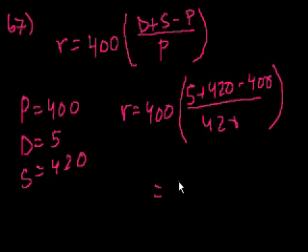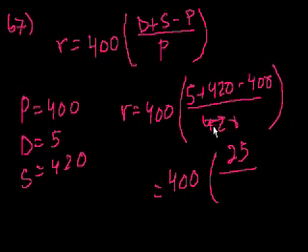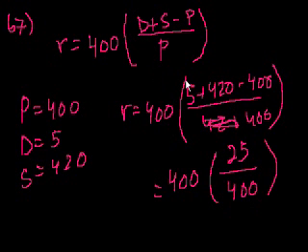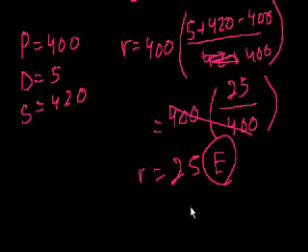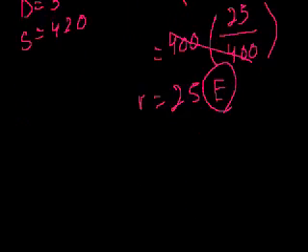So it's 400 times 25 over, oh, this shouldn't be 420, right? This is P. The price she paid was 400. 25 over 400, right? I just substituted these values into this equation. This cancels out, and I'm just left with a yield of 25, and it's probably in terms of percent. Yep, 25%. E.